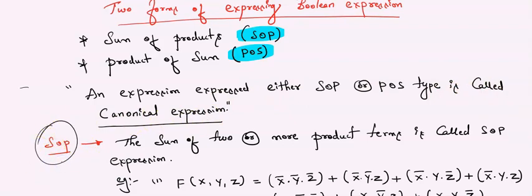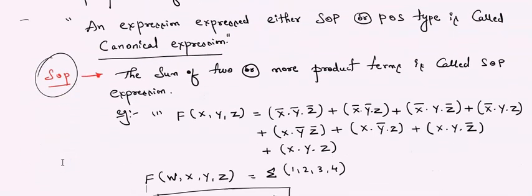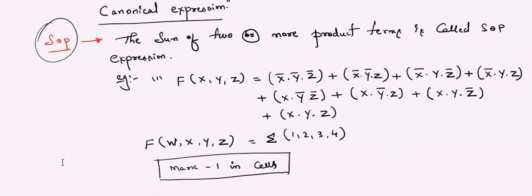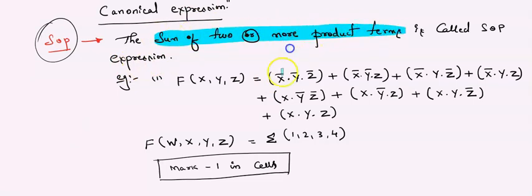Now what is SOP? What is sum of products? As you can see here, the definition of SOP is: the sum of two or more product terms is called an SOP expression. Let me take an example, the function f of x comma y comma z. As you can see, these are the products, one or more products.